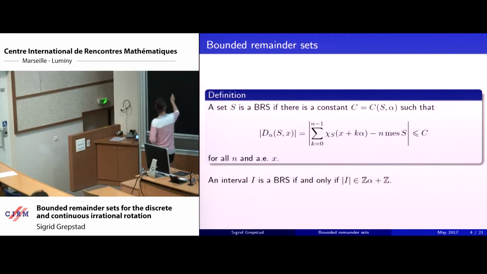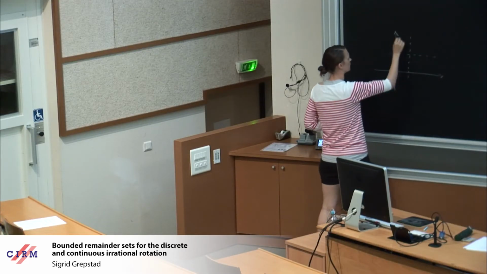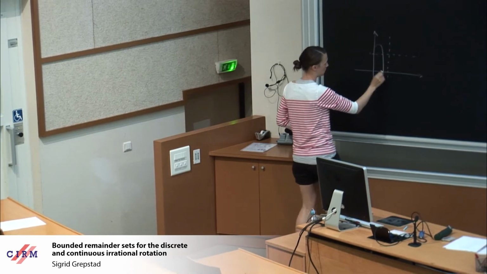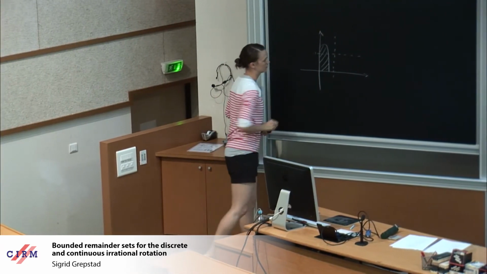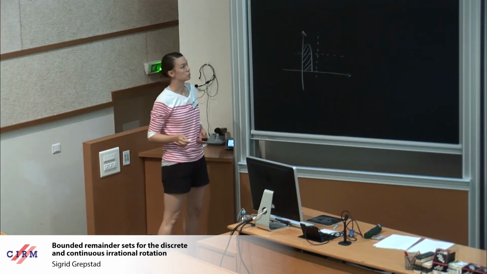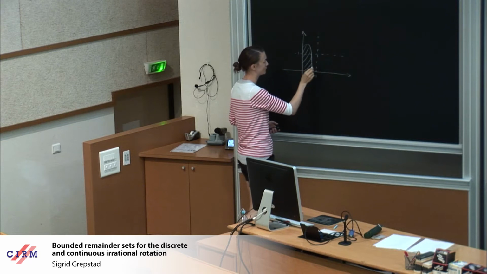In R2, for instance, if my set is something like this, then I simply take the canonical projection onto the unit square.